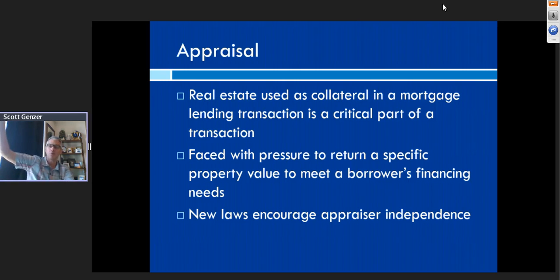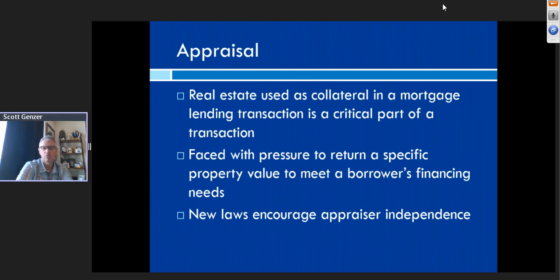We're worried about overvaluations, that's when we're challenged, but an undervaluation is also a misrepresentation, and if they don't work with us to fix it, we would have to report appraiser misconduct. And we're required as lenders to always pay reasonable and customary fees to appraisers. They don't get paid for closing loans, they get paid for appraising.